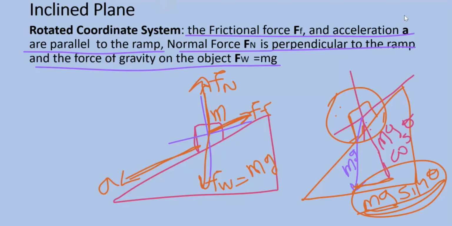The mg sin theta is parallel to the ramp, whereas mg cos theta is perpendicular to the ramp, which is the same thing as the normal force.